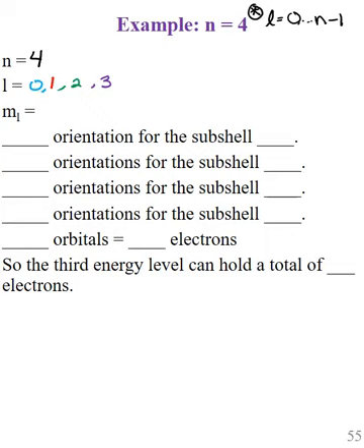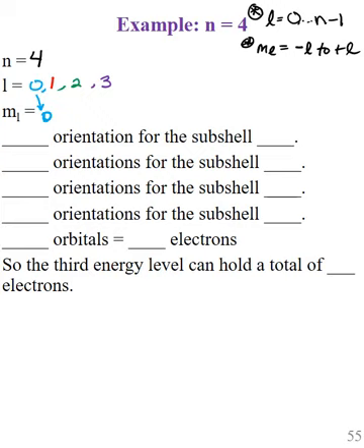Okay, so if L equals 0, what are the values M sub L could have? It can only have 0. The reason why is because M sub L can have any values between negative L to positive L. Again, that's one of those you have to memorize.